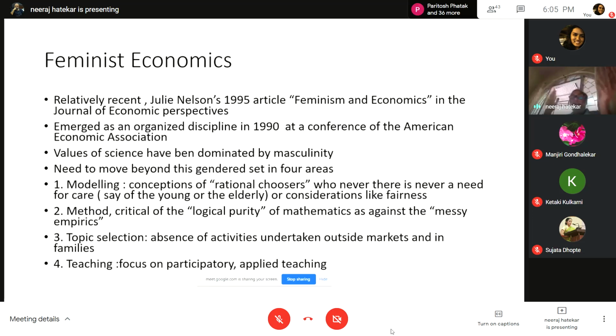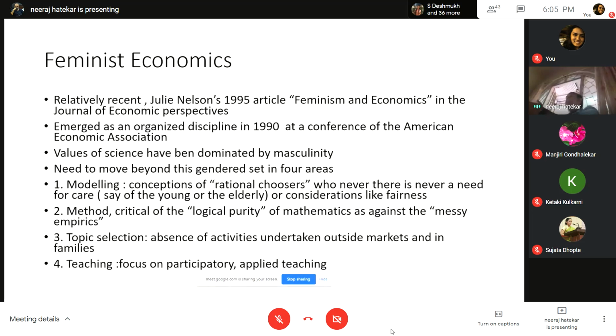And of course, teaching again is participatory, more applied teaching, because the whole focus is on empirics, understanding concrete realities around you. So it is less on formal mechanistic modeling in class, and more on participatory, real world applied teaching, right?